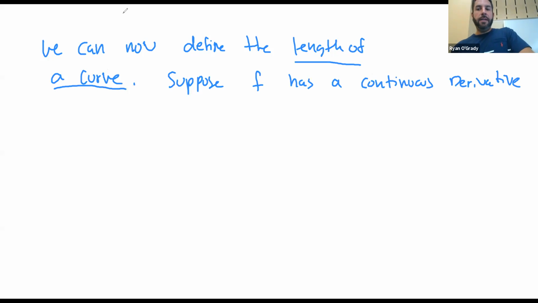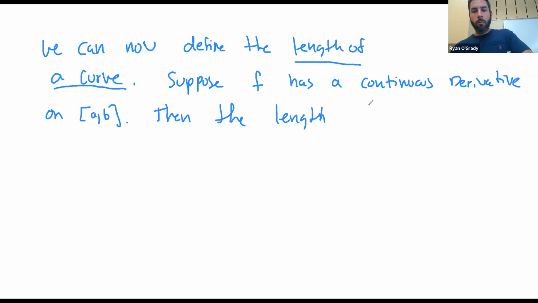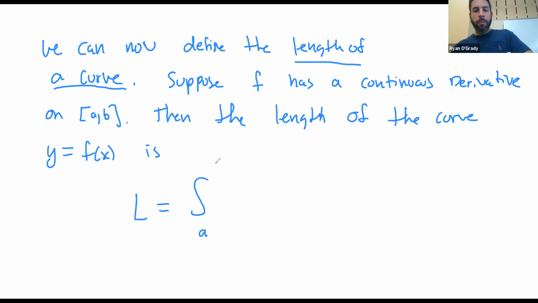So suppose f has a continuous derivative on some interval a, b. Then the length of the curve y equals f of x is L equals the integral from a to b of the square root of 1 plus the function's derivative, quantity squared, dx.